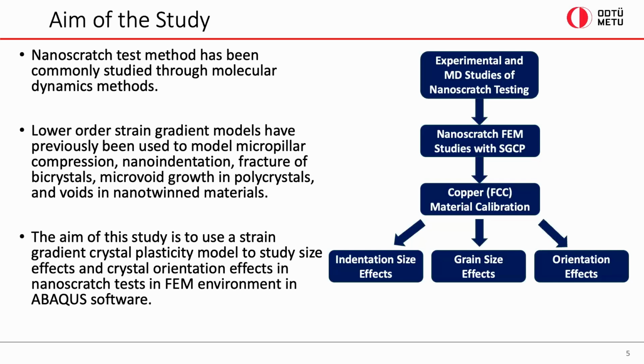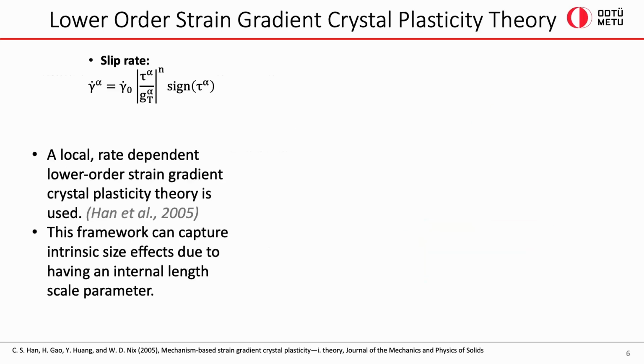So what we have done is study this phenomenon through the finite element method using a strain gradient crystal plasticity theory. We've calibrated the material parameters of copper through experiments, and we've examined indentation, grain size effects, and finally orientation effects, the orientation of the crystal material.